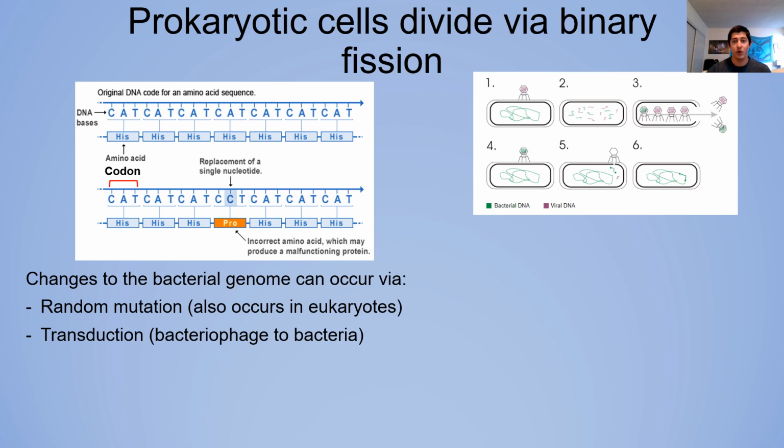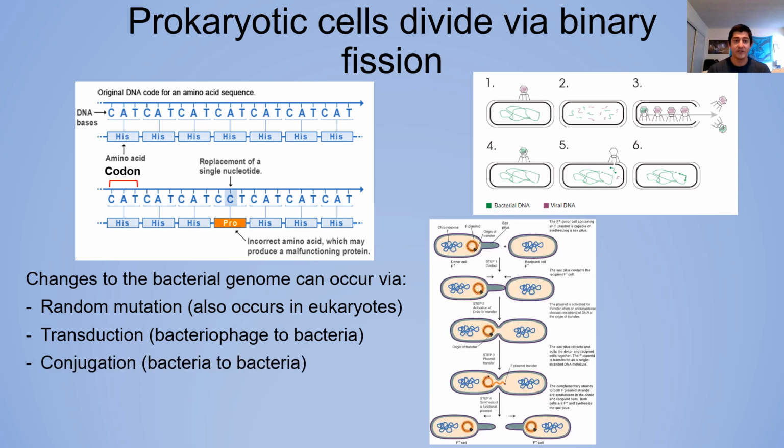It will then go out and find a new bacteria to infect, but instead of injecting the viral DNA, it will inject the DNA from the previous bacterial cell, which can then be incorporated into this new bacterial cell. So that's another way that you can get new genetic information into a cell.